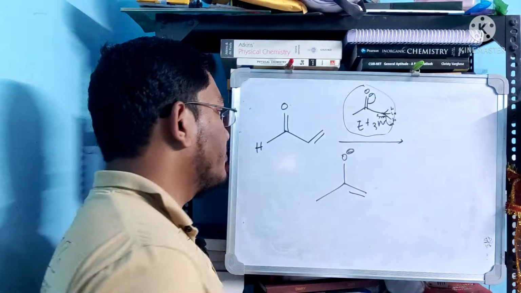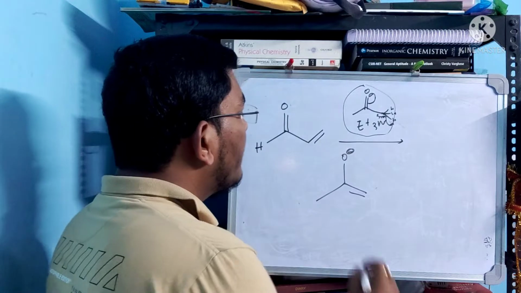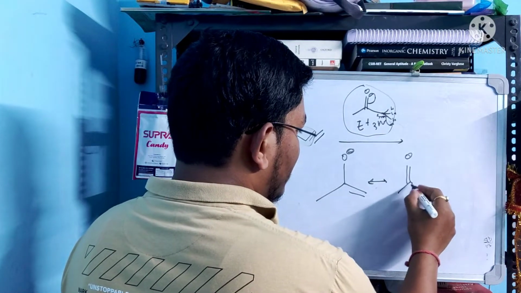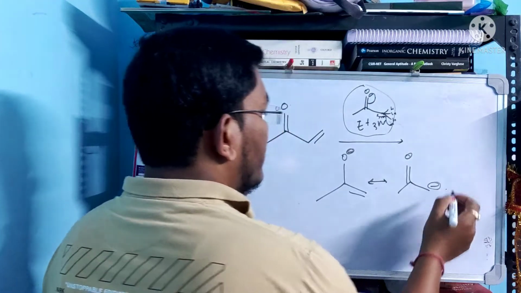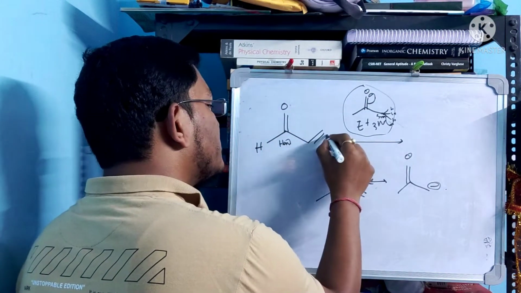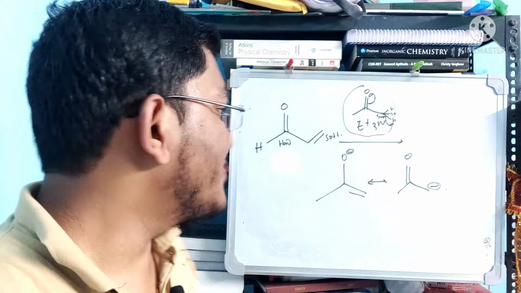Right. Now its resonance stabilization is like this. Now where should it attack? It's a harder center, it's a softer center. Where? Try to understand.